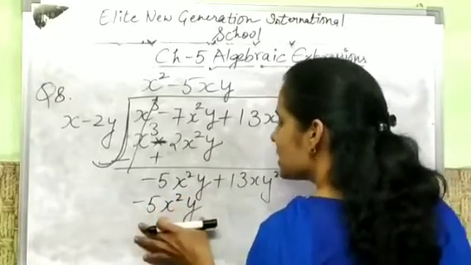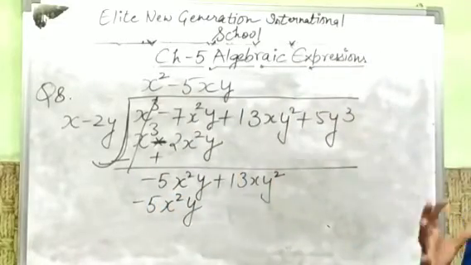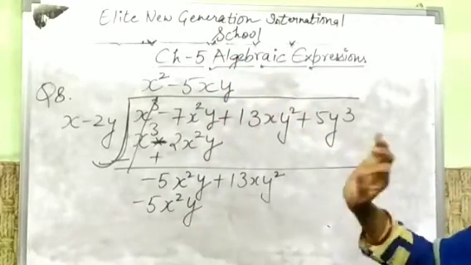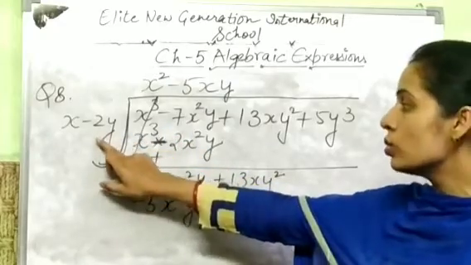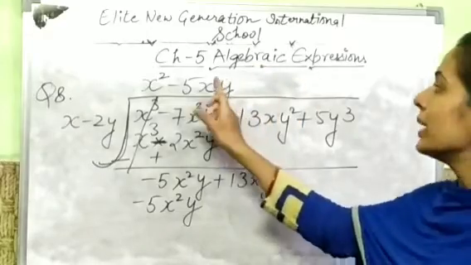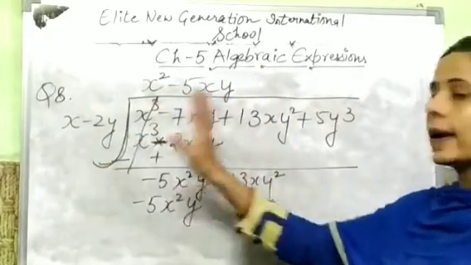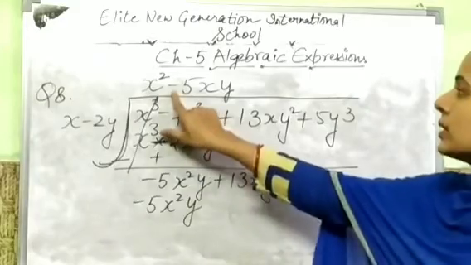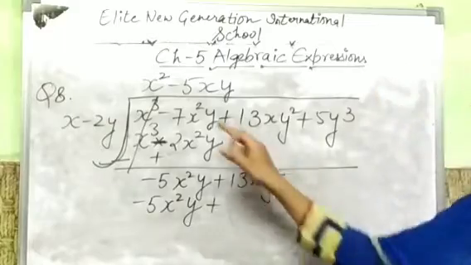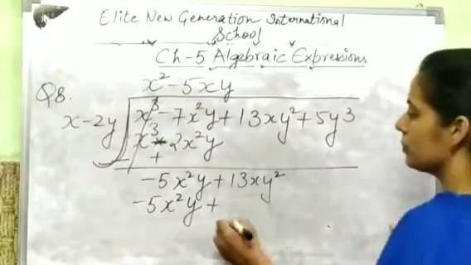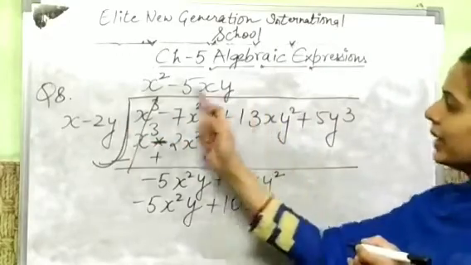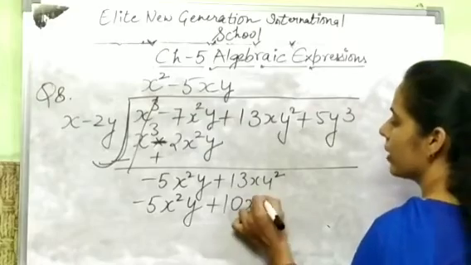Because according to this term, we find the next term of the quotient. So write as it is. But you can see here two terms are in the divisor. So we also need to multiply this minus 5xy by minus 2y. Now you can see minus minus plus, so put here plus sign. 5 2s are 10, 1x, okay, but y into y now becomes y square.